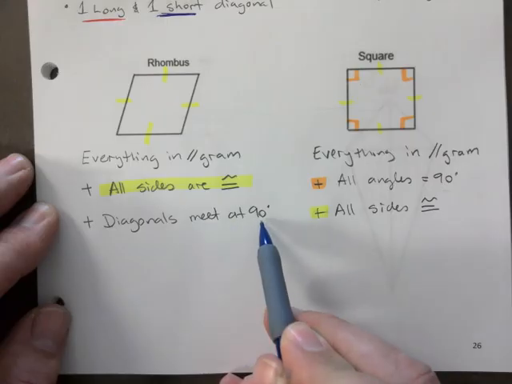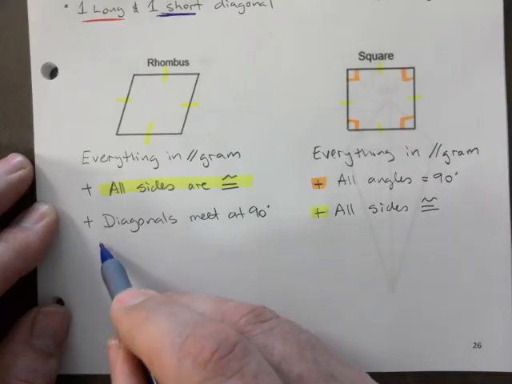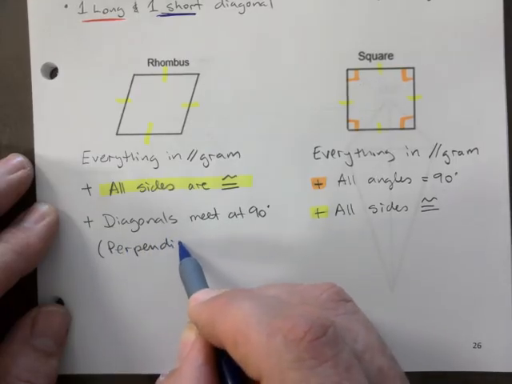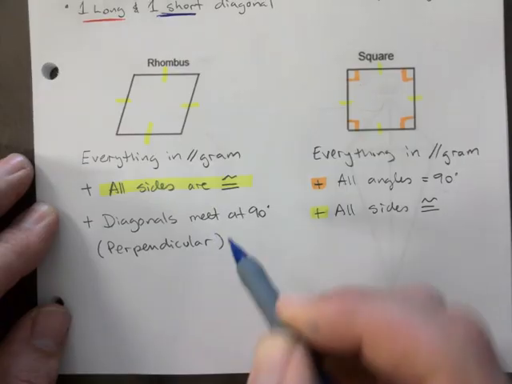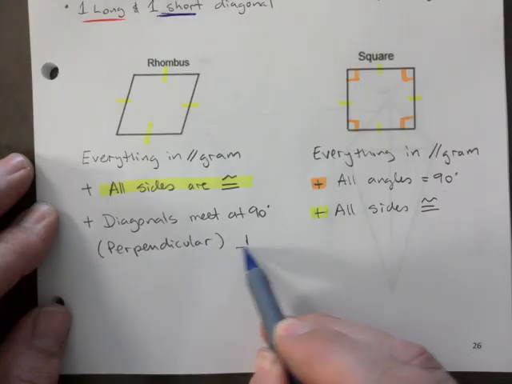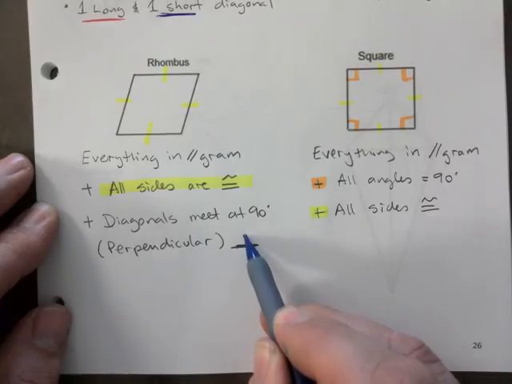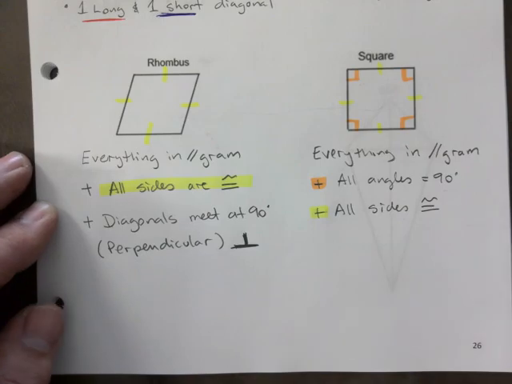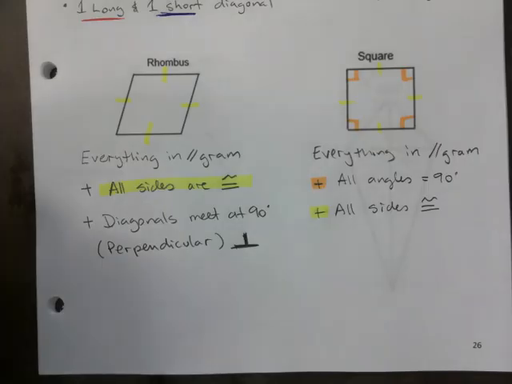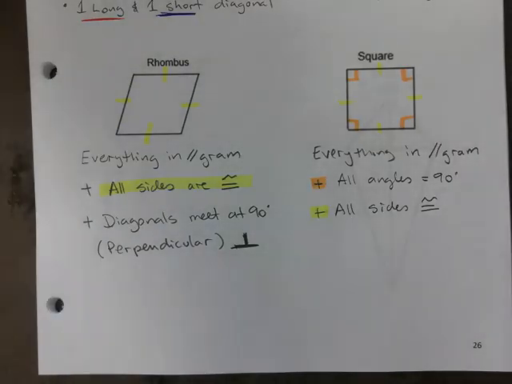Diagonals meet at 90 degrees. Do you remember this word? Perpendicular. The symbol for things meeting at 90 is just an upside down T. Okay? So that means that they will meet at 90 degrees. So I really want to add that to the diagram.